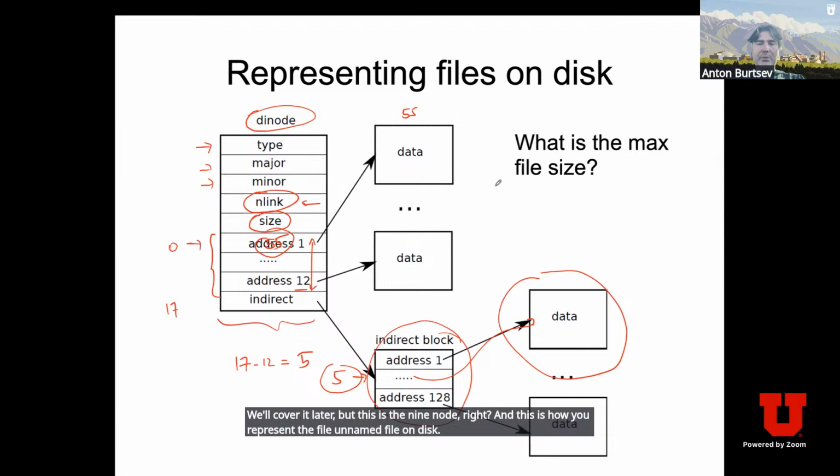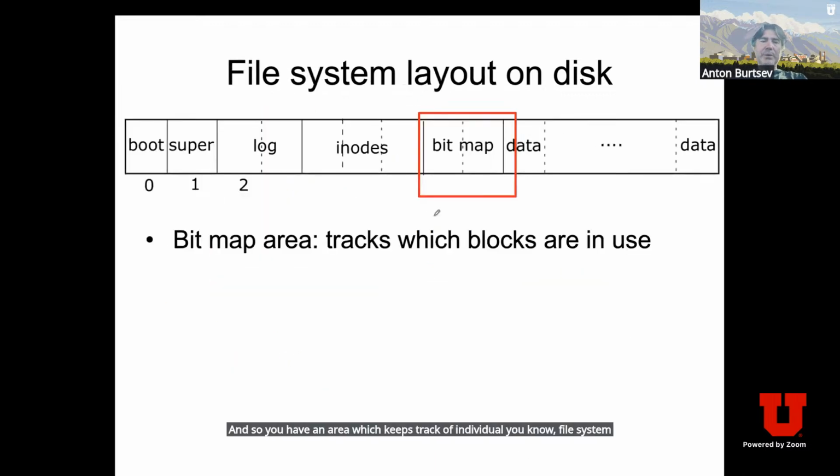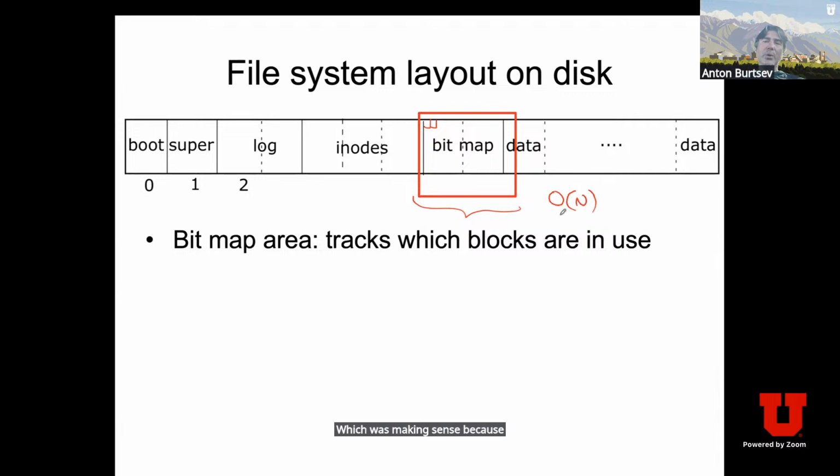And so you have an area which keeps track of individual inodes in a file system. On top of the inode area, you will have an area which keeps track of blocks. It's a bitmap. In x86 we kept track of allocated and unallocated physical pages as a linked list, which made sense because we were avoiding an O(n) problem. The xv6 file system doesn't do that.